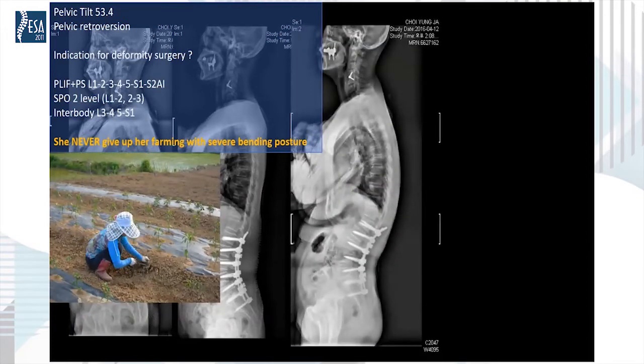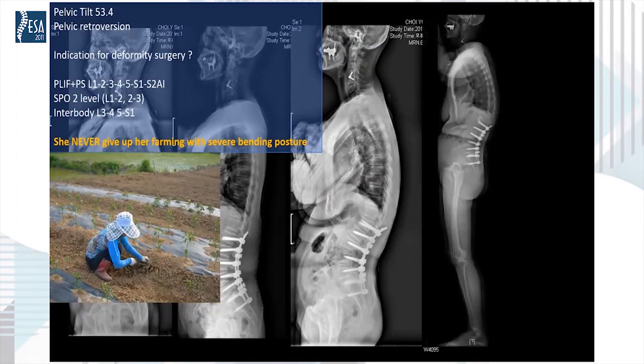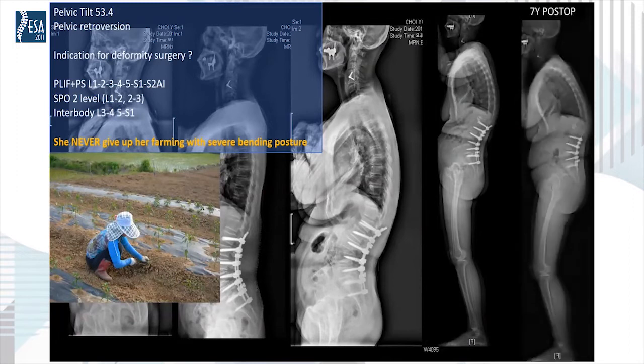So eventually PJK happened and UIV screw loosening also happened. And so we decided to remove the UIV screw and the distal broken iliac screw. And after that, her pain was significantly relieved, but sagittal balance was worsened.